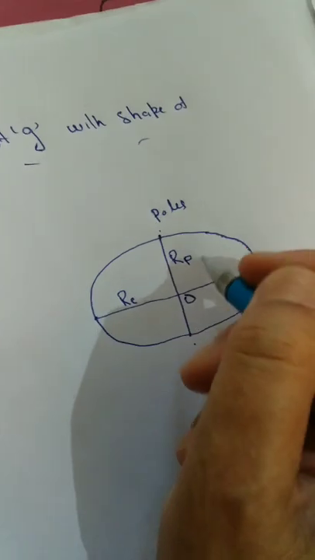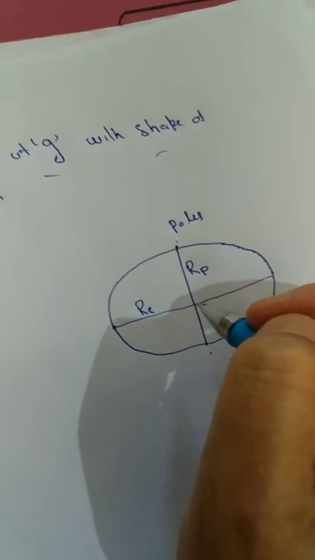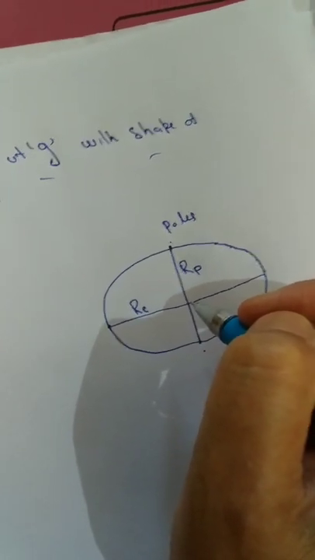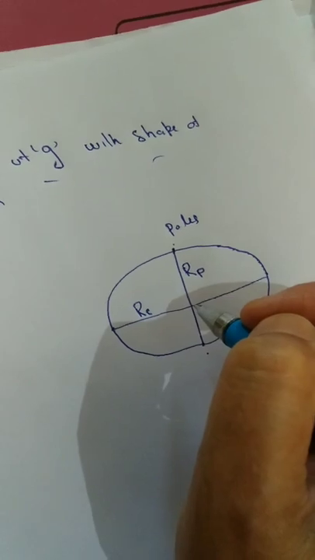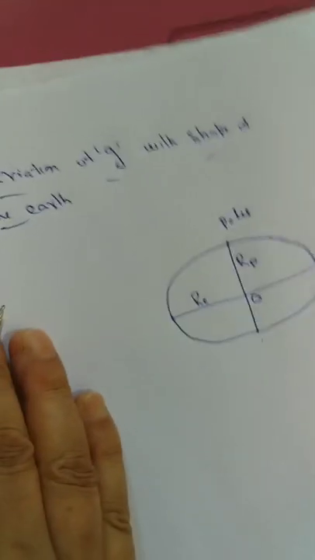We have seen that the earth is not a perfect sphere. It is flattened at the poles and bulges out at the equator.